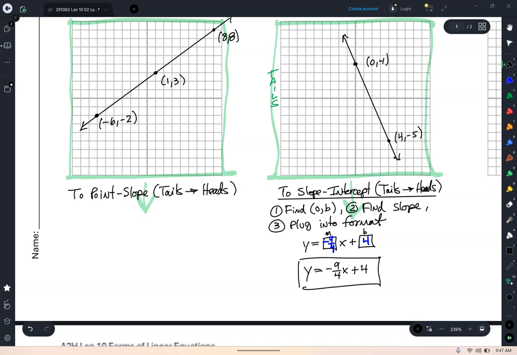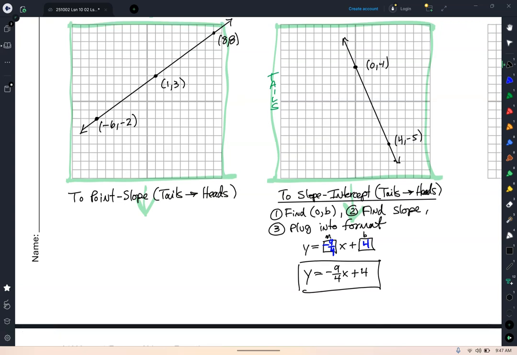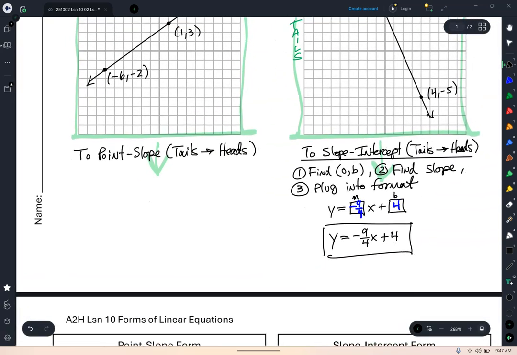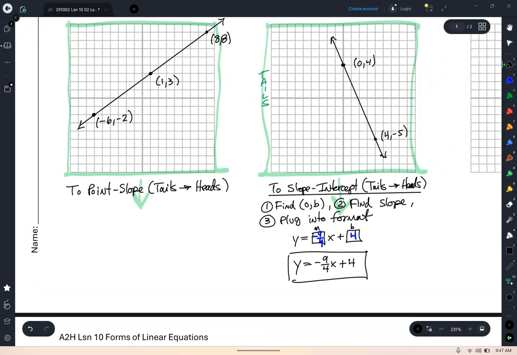But let's talk about right now the mechanics of getting back to point slope. The mechanics look like this. Let me underline this.